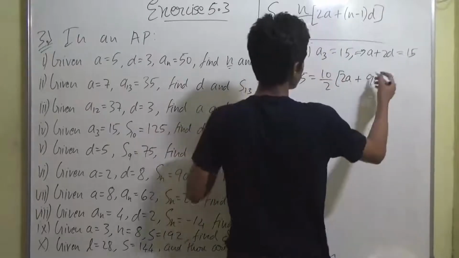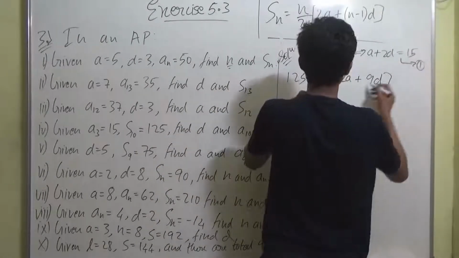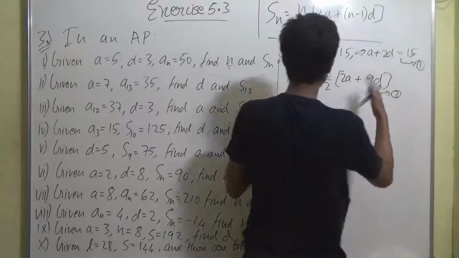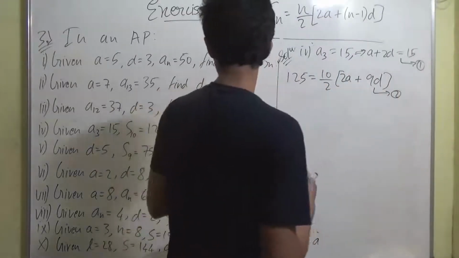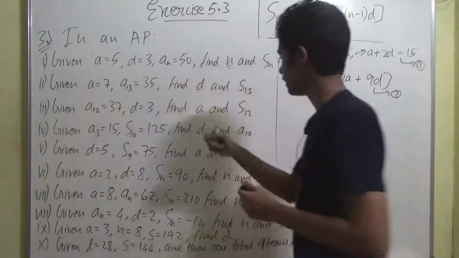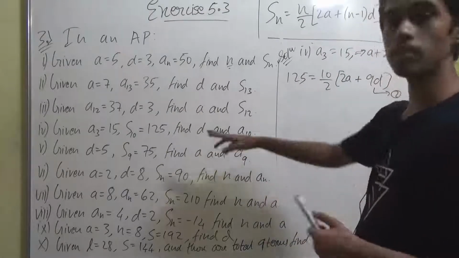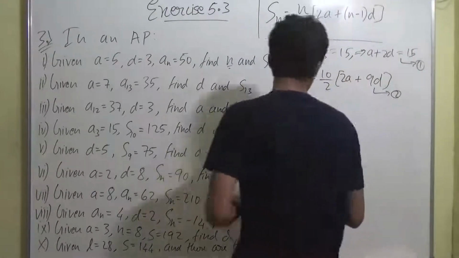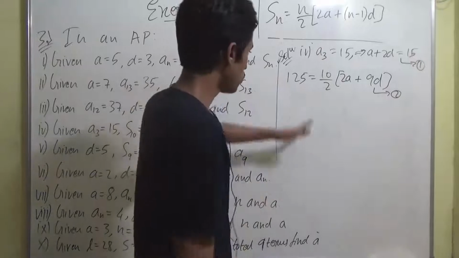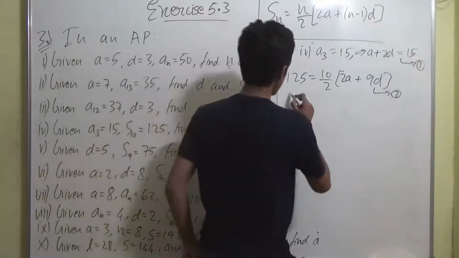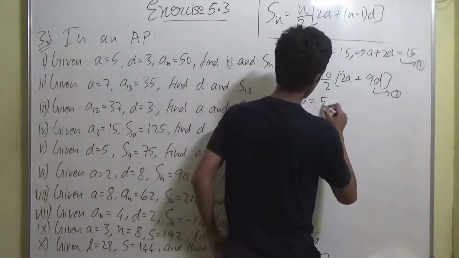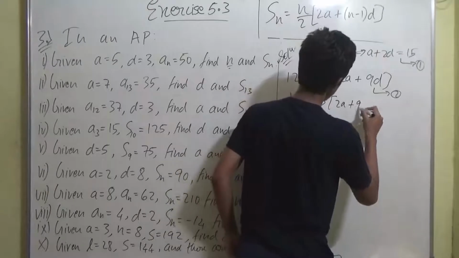So these are the two equations, guys. This is the first equation and this is the second equation. You have to solve two equations to find the value of d and a. After that we'll be able to find a of 10. Getting it, guys? So this is going to become 125 equal to 5 into (2a plus 9d).